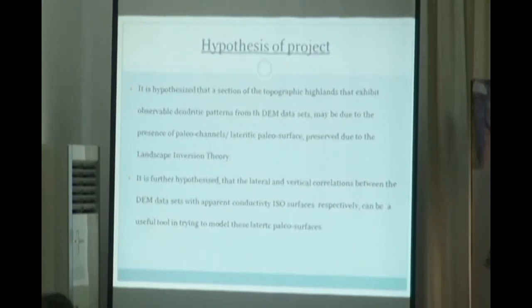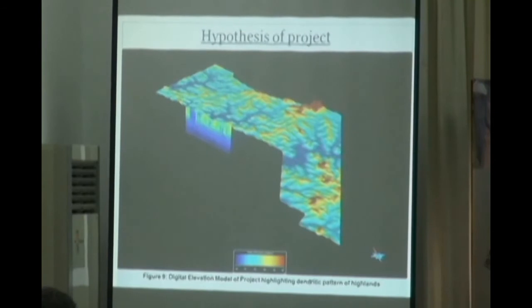And we're now going to go into the actual study, which is looking at the topographic highlands. There's an observable dendritic pattern, and this may be due to some paleochannels, or that might be preserved due to landscape inversion. And further, we're trying to use a tool to model the subsurface or this paleo-surface.